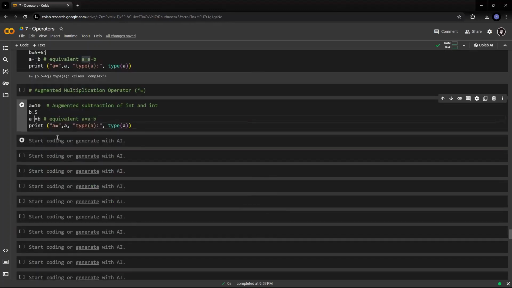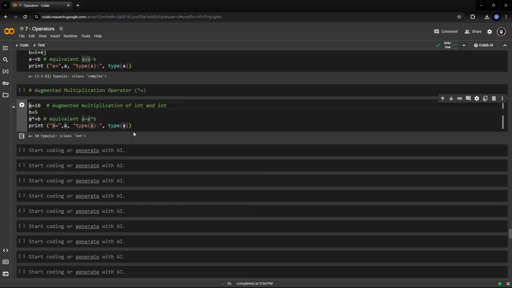We write here multiplication of int and int. This is equivalent to a into b, so a equals a into b. This is what we call augmented multiplication. Let's see the output. It should give an integer once again.